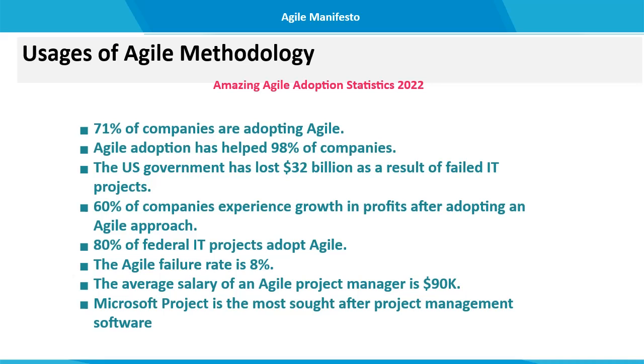The US government has lost about 32 billion as a result of failed IT projects. 60% of companies experience growth in profit after adopting an agile approach. 80% of federal IT projects adopt agile. The agile failure rate is 8%. The average salary of an agile project manager is 90,000. Microsoft Project is the most sought after project management software.